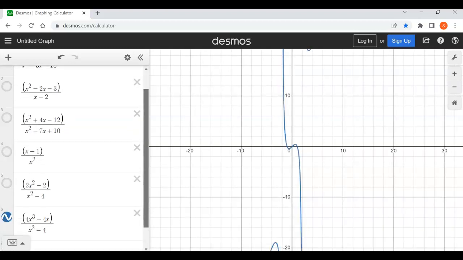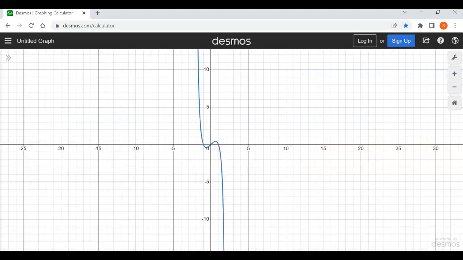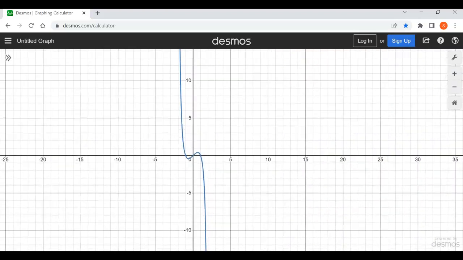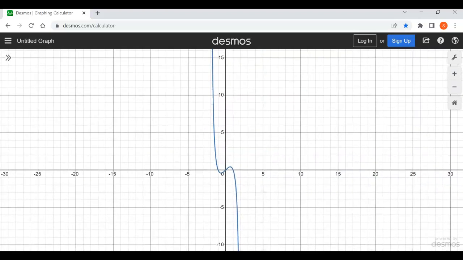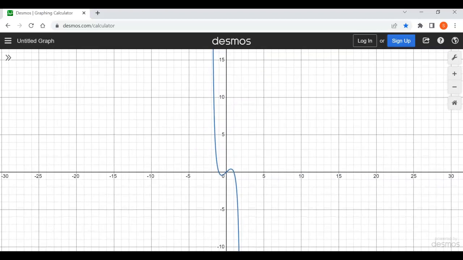Notice how this graph is just continuing on, and it's almost as if there's no break in between. So there is no horizontal asymptote.